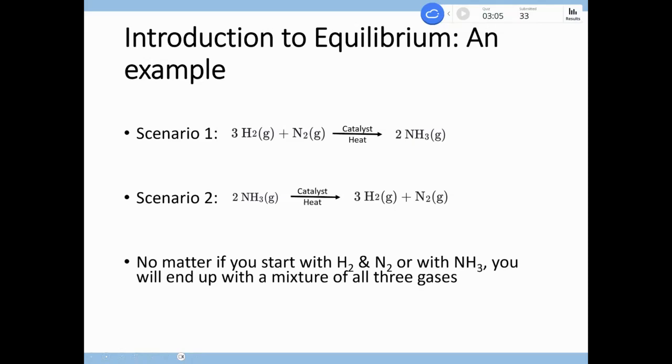So we can write an equilibrium equation for this reaction by having, I'll just use red, 3H2 gas. We write the balanced equation. But between reactants and products, we have this special equilibrium arrow that has half of an arrowhead pointing to the products, half of an arrowhead pointing to the reactants.